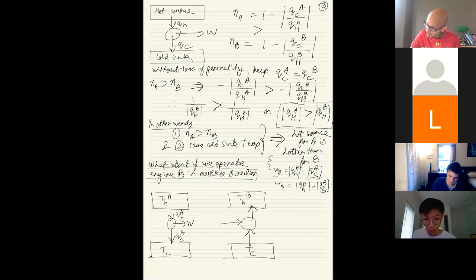So we are going to take the heat QC, and we don't need the superscript A, because we have set those to be equal, right? So we are taking heat QC out of the cold sink and putting heat QHB out on this.